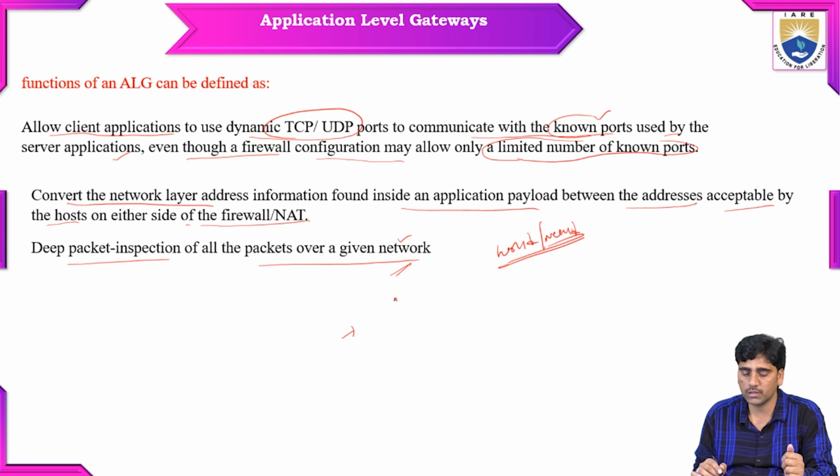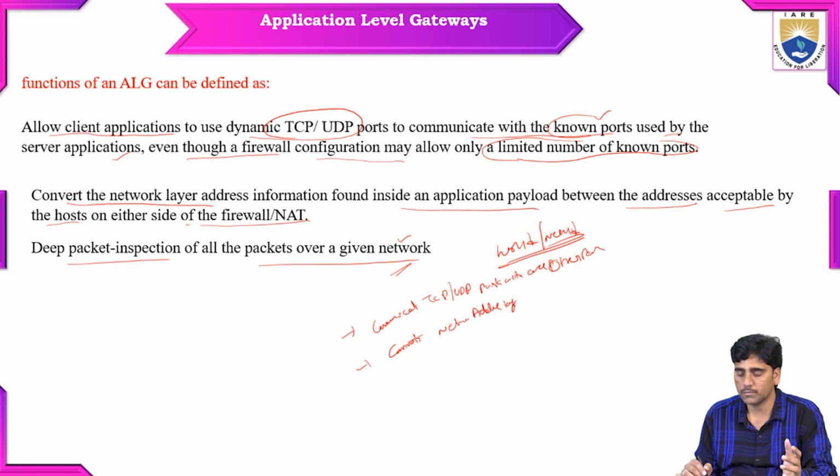So these are all the functions that provide some sort of responsibilities. So the first one is communicating TCP or UDP ports with all other ports. The second one is converting network layer address information into another application payload.